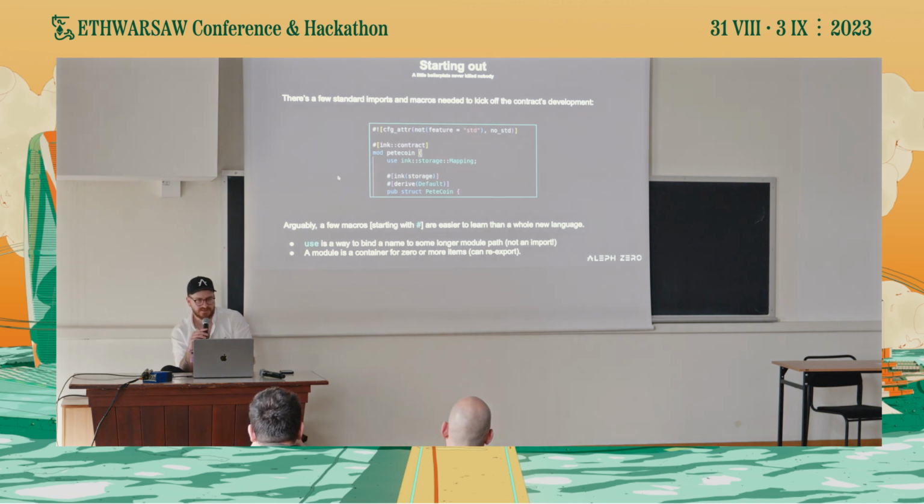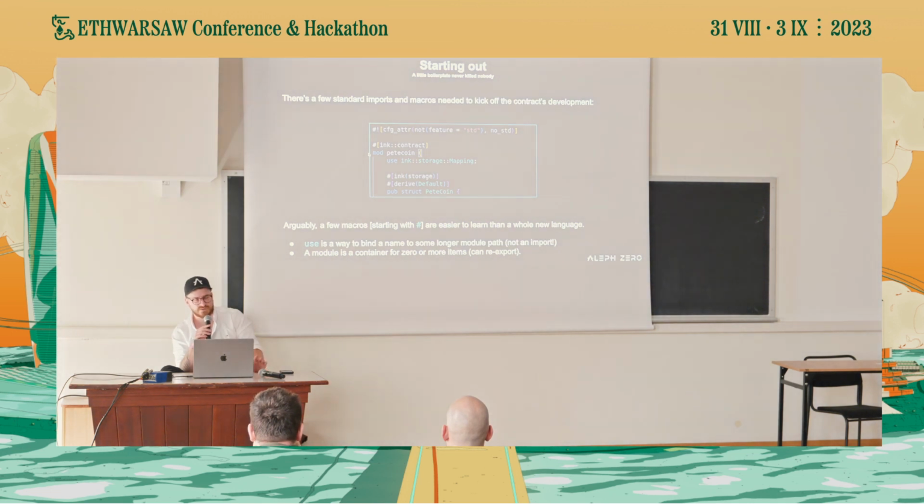And the second macro is actually a very important one. It tells the system, the compiler, that the module written below is actually a smart contract, and it actually enforces certain invariants.